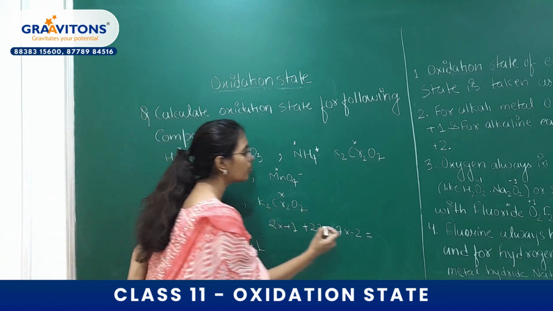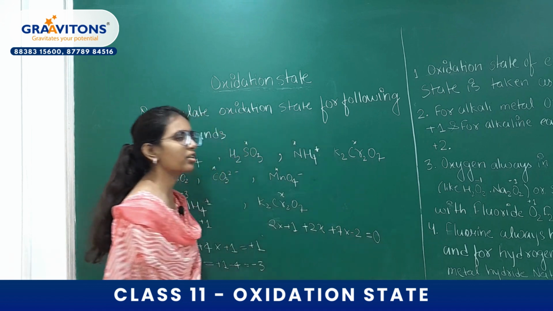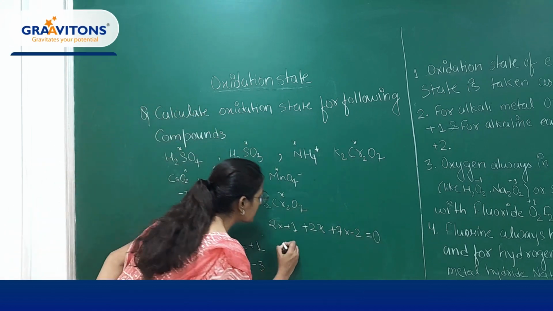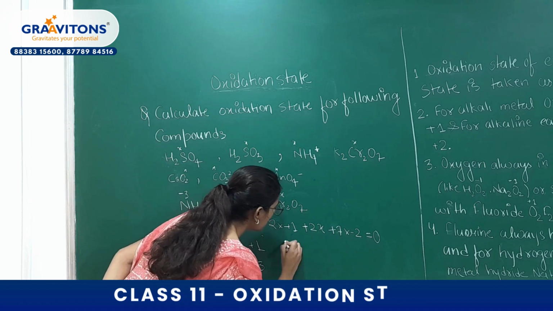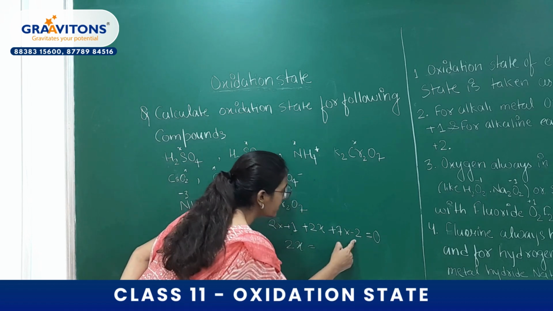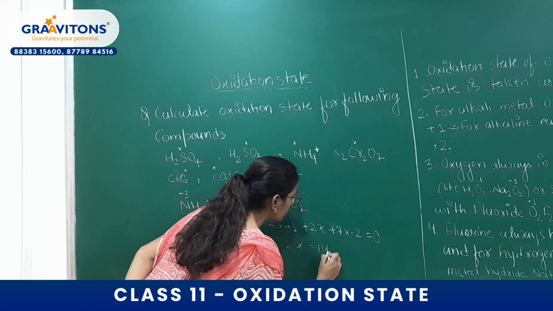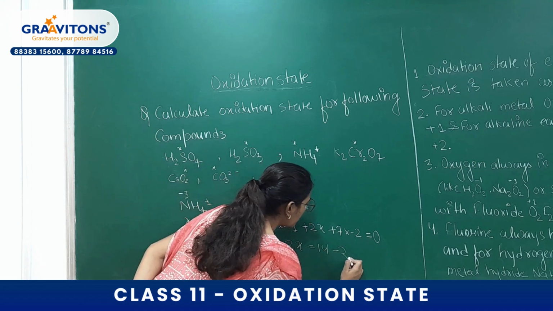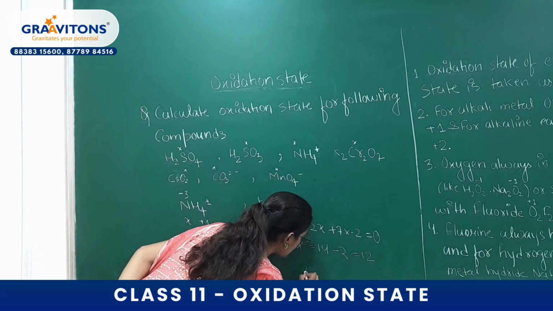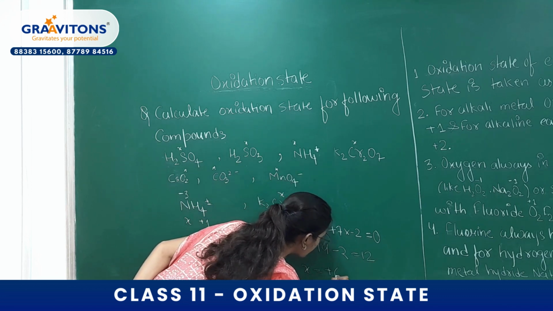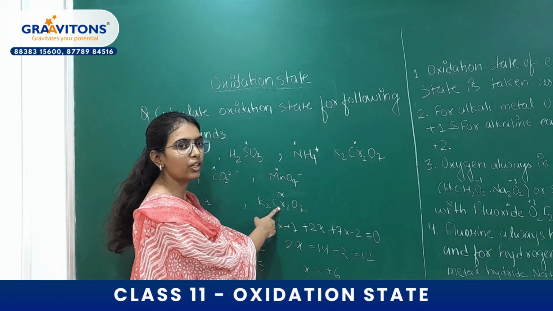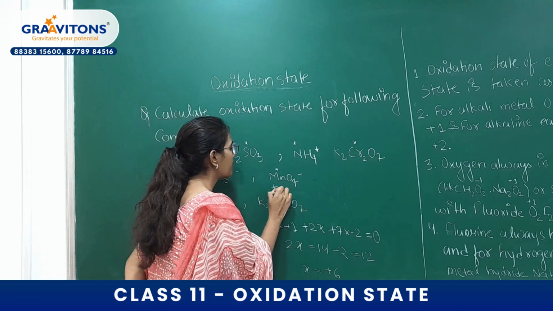It is a neutral compound, no charge. The sum of all the oxidation states should be 0. So we can check that 2X is equal to minus 14, it will go as plus 14, 14 minus 2, that is equal to 12. So we can say that X is equal to plus 6. So the oxidation state of 1 chromium here is plus 6.